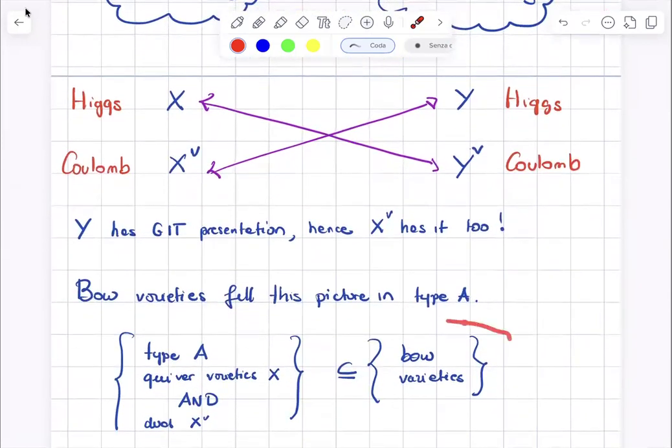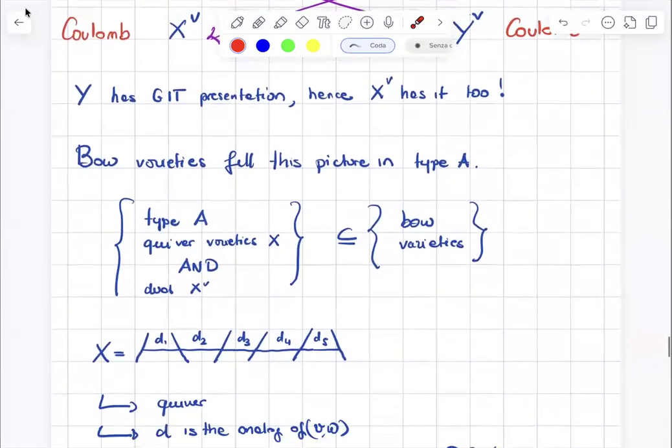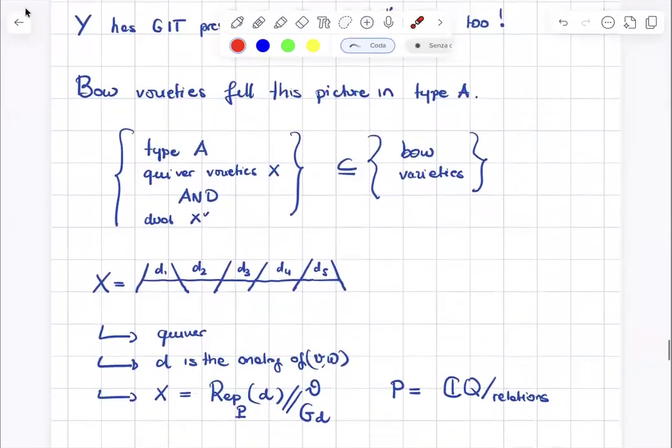Bow varieties comprehend both type A quiver varieties and their duals. I will not enter any details, but they also admit, and this is another important point, some kind of quiver description. It's slightly more involved than the one for quiver varieties, or at least a different flavor of it.